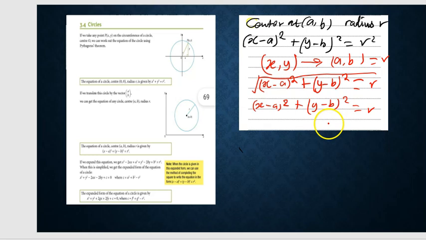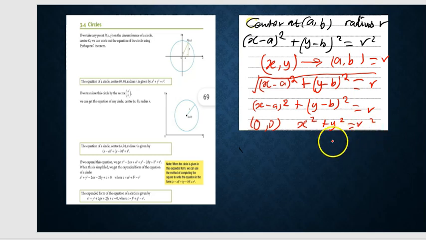So we have some special cases in which the center is at the origin. If the center is at the origin, you have 0, 0. So the equation becomes x squared plus y squared equal to r squared.